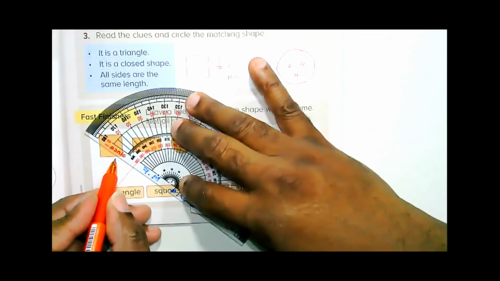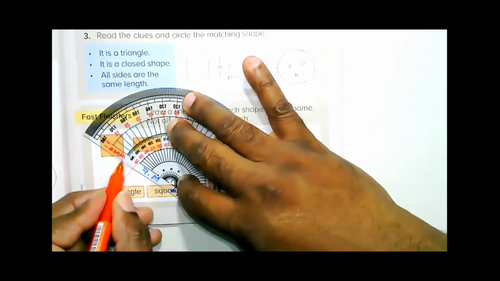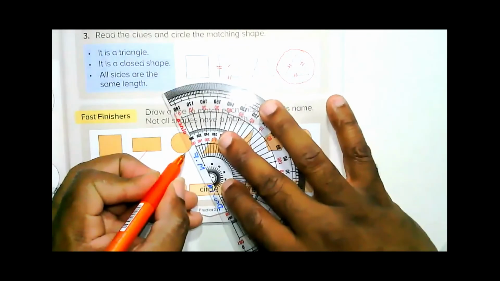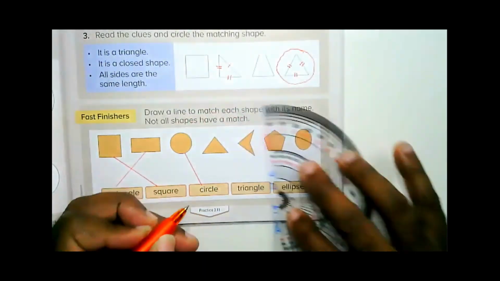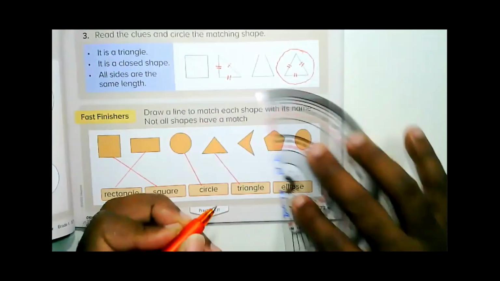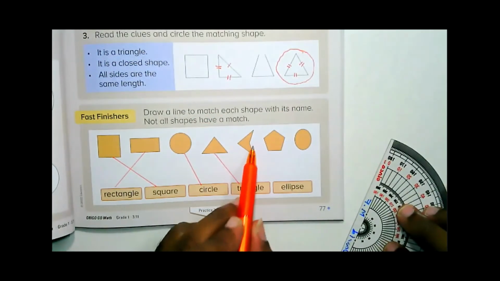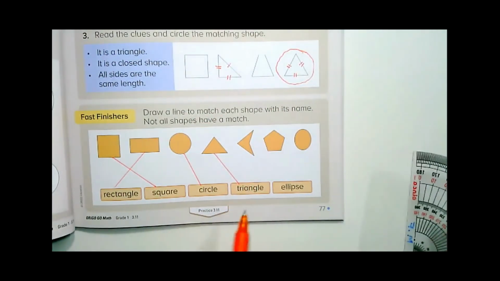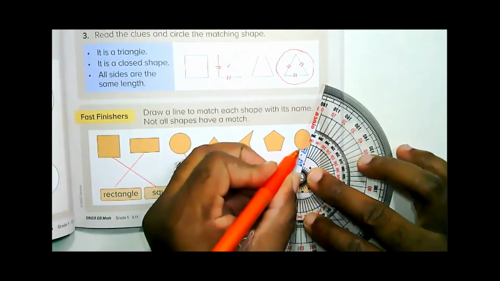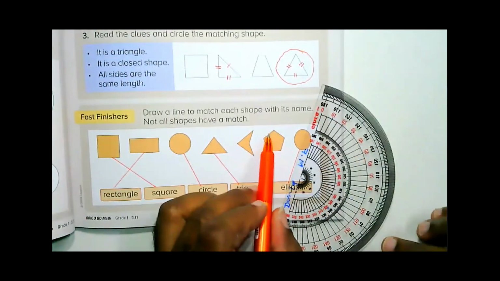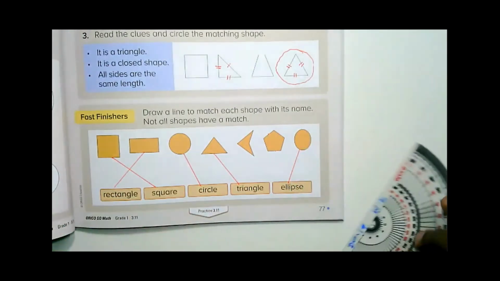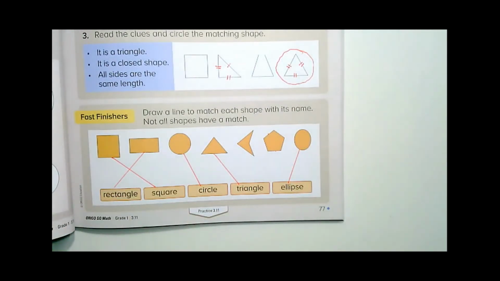This is a square, 4 equal sides. This is a circle. Triangle. Quadrilateral, 1, 2, 3, 4, so there is no quadrilateral match. This is an ellipse. This has 1, 2, 3, 4, 5, a pentagon, but there is no pentagon there. So that is all we have.